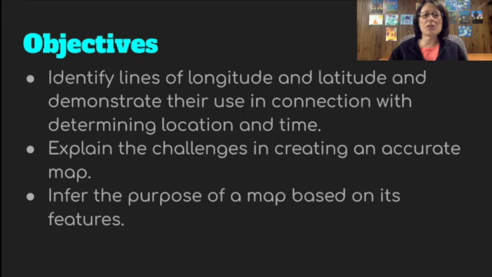We talked about the challenge in creating an accurate map, the fact that we're trying to make something round flat. And we have looked at the purposes of different maps. And we are actually going to be doing a lab where we make our own topographic map.